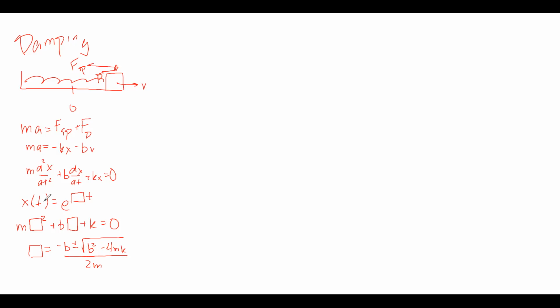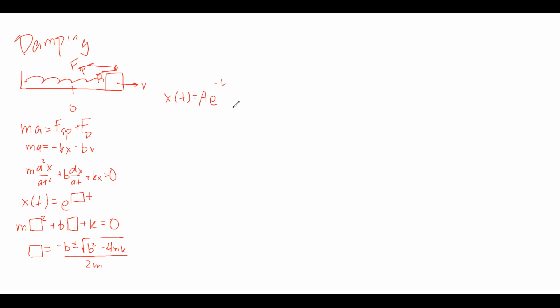And so the fascinating result, which we're in no way going to justify, is that the solution to the position versus time graph for this, x of t, is the initial amplitude times this exponential. Let's see if I have enough room to write it. Yeah, I have to write it big.